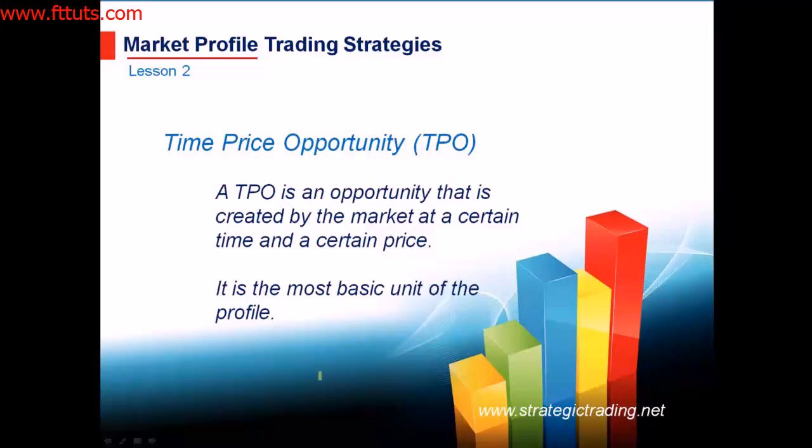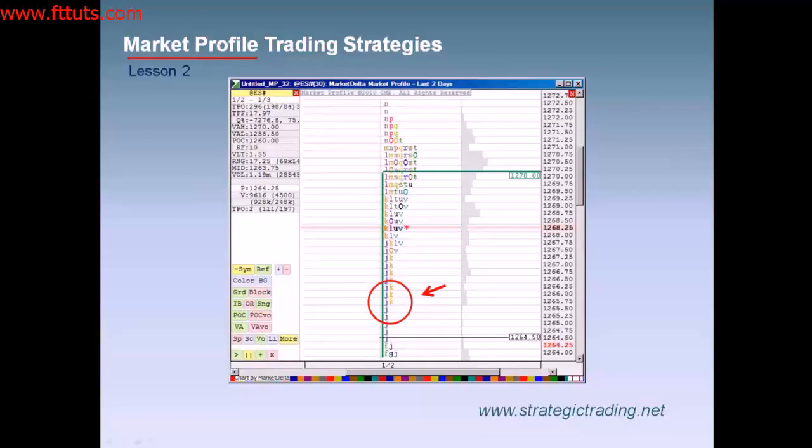So let me review again. A TPO is the most basic unit of the profile. It is simply a point in time where the market hits a specific price. No transactions necessary, no volume, nothing. Just a point in time when the market hits a price. So here I identify for you several TPOs in the circle.